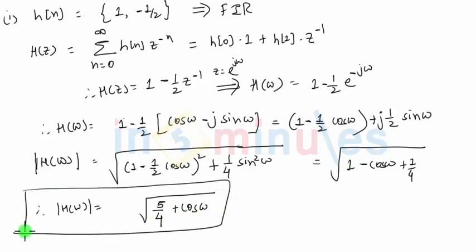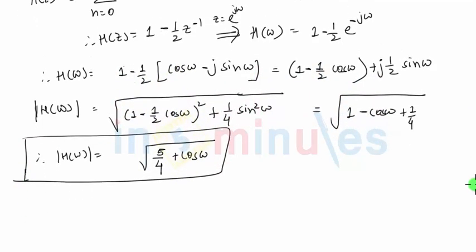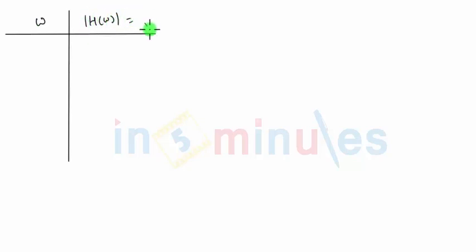Let us now plot this magnitude response. To plot this particular response, we will have to make one table. In this table, I will consider various values of omega, and I will have to find the values of mod h of omega, which has come out to be the square root of 5 by 4 minus cos omega. So let's take various values of omega.